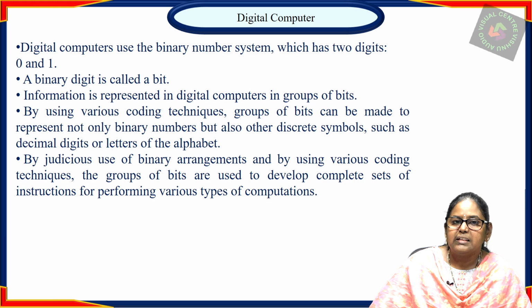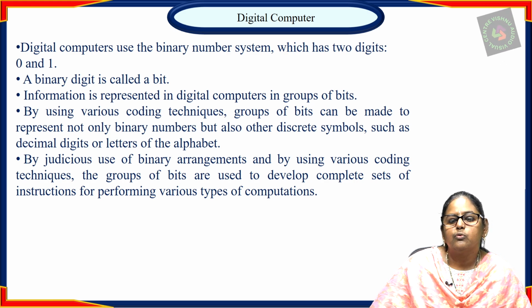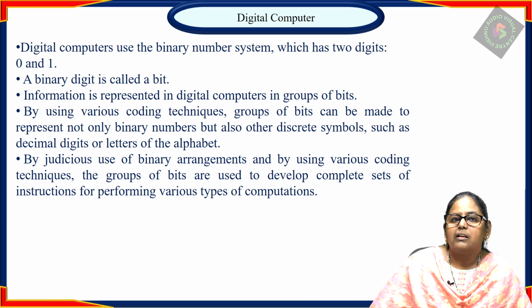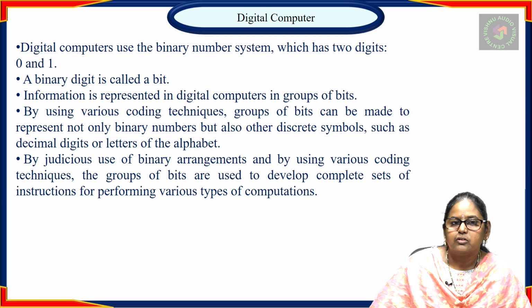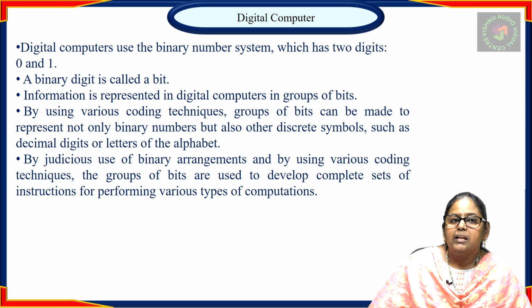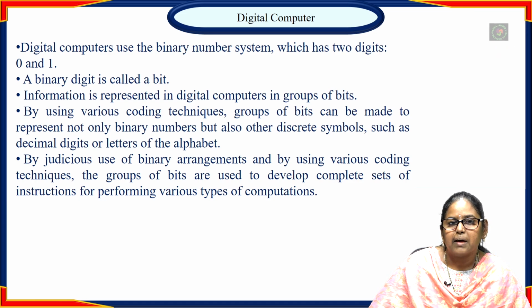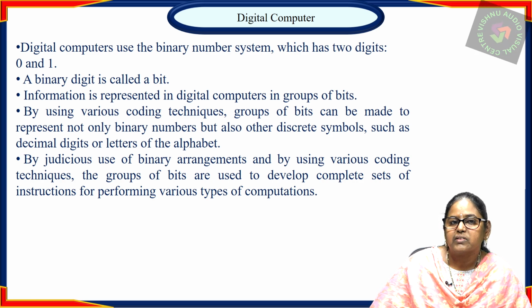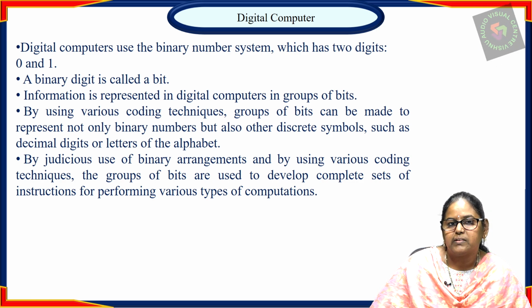When we go with the digital computers, we use binary system, and that binary system consists of two digits, which are nothing but 0 and 1. These 0 and 1 binary digits we are saying as bits, and every piece of information inside the digital computer is represented as a group of bits.